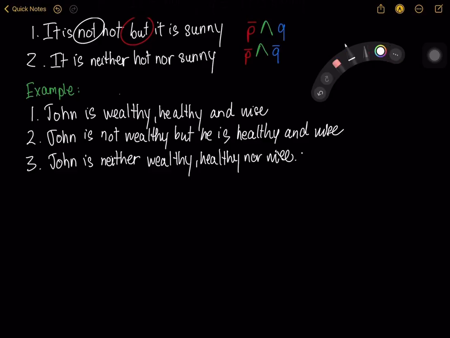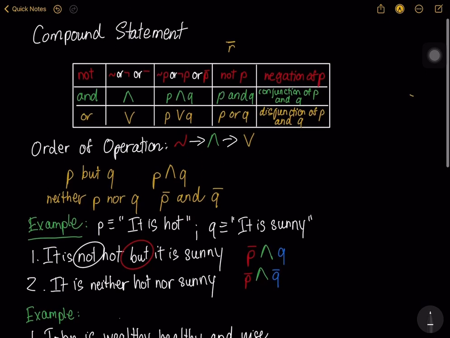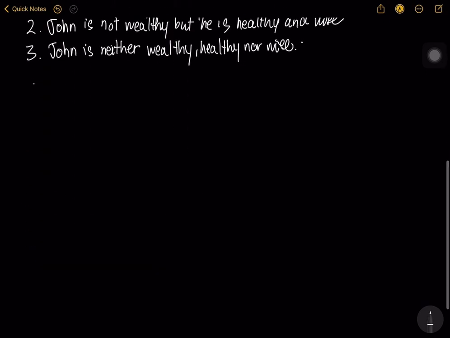Okay, let's do it. First we're going to assign letters to represent the component statements. A is, John is wealthy.